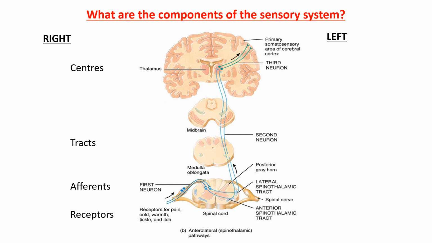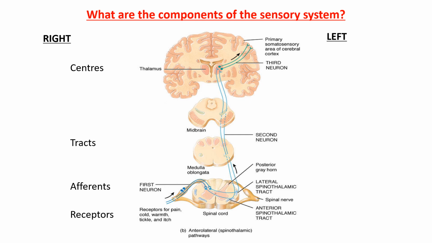So very briefly, the major components of the sensory system consist of the receptors and the afferents. All right, so the afferents we talk about are the first order neurons, and then the tracts we talk about, for example, sensations of pain and all these are carried by the second order neurons in the lateral spinothalamic tract.